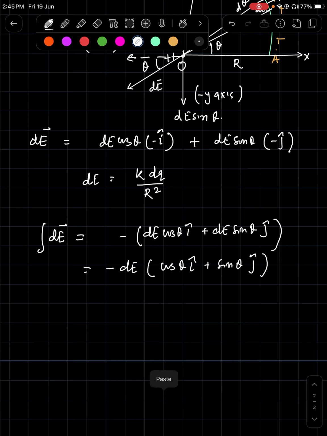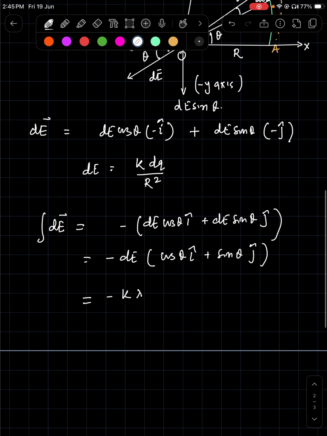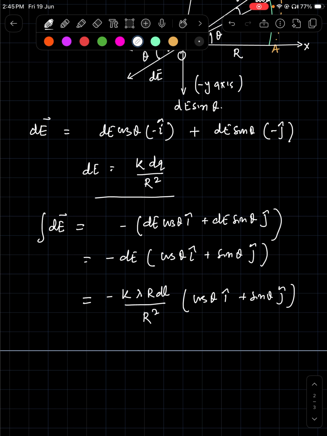Writing the expression of dE explicitly, I put dE equal to k dq by r square, and in place of dq I use its explicit expression, lambda r d theta. So that becomes cos theta i cap plus sin theta j cap. Fantastic.